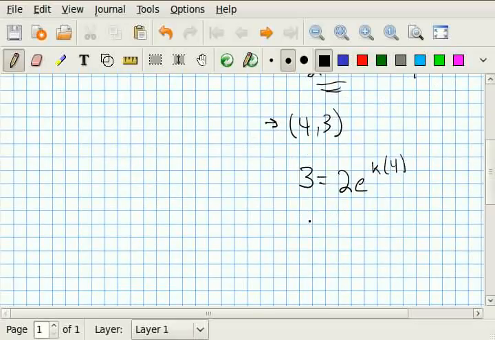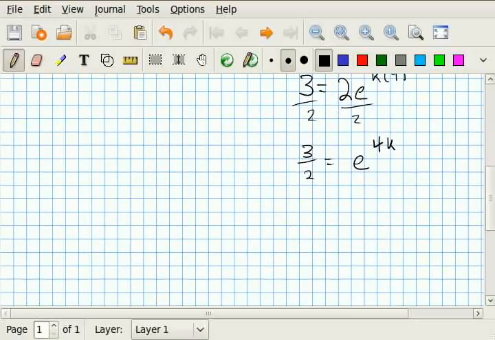There's only one variable in this equation, one thing that we can look for, and that's k. So I can solve this equation for k. If I divide both sides by 2, I'll get 3 halves equals e to the power 4k. And now, if we want to solve for k, this is where we can use some of our techniques of logarithms.